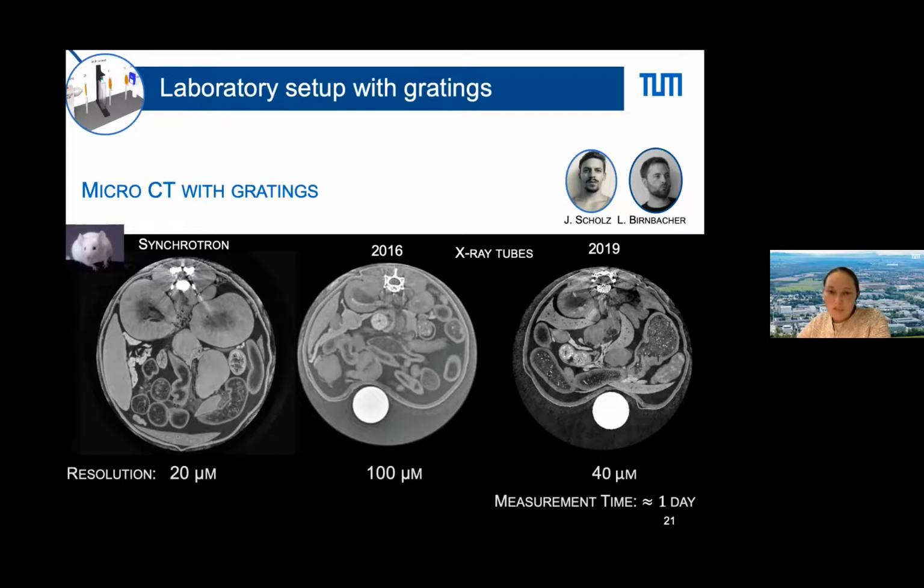So what we do now is really simulate it beforehand and adjust this to your application, because you will not have one machine which can do everything. If you are interested in soft tissue, I would rather go for lower energies and design something with a higher sensitivity.